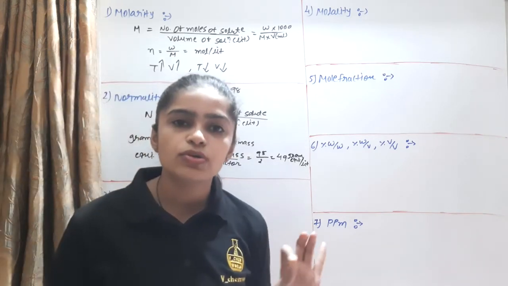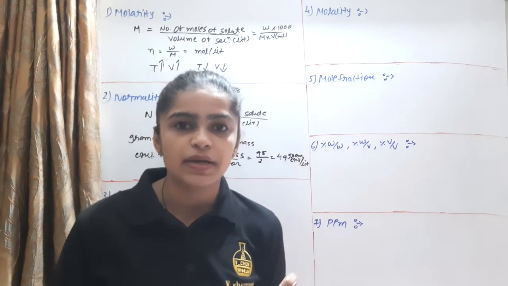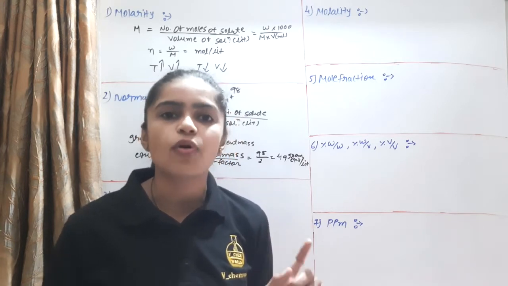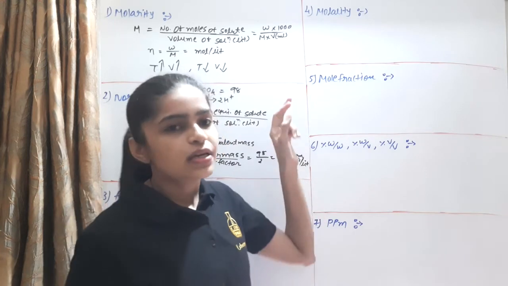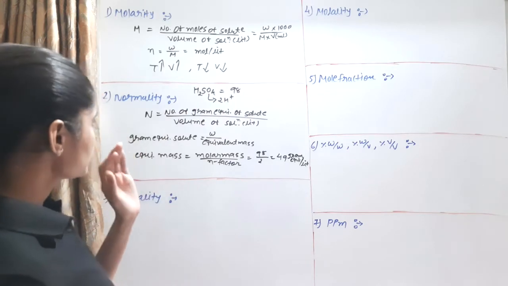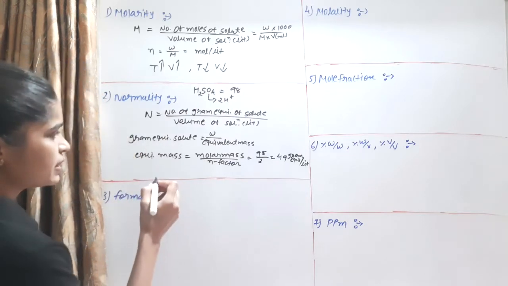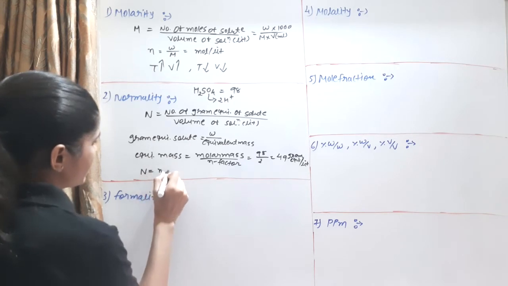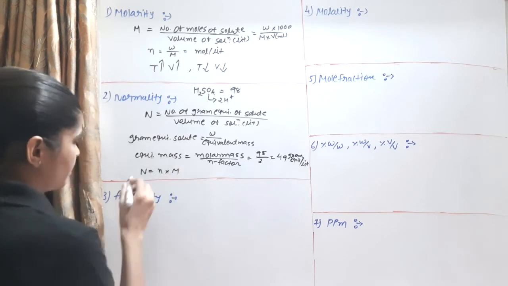Because temperature increases, volume increases, and temperature decreases, volume decreases. So this is the relation between molarity and normality. Another relation is normality is equal to n factor into M.